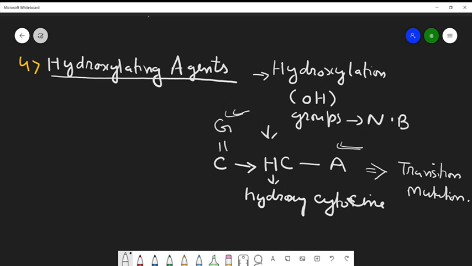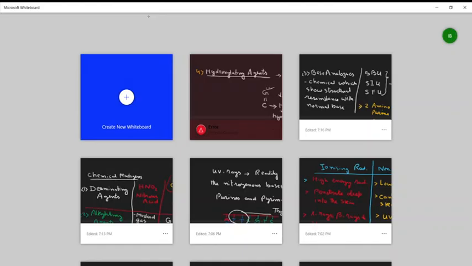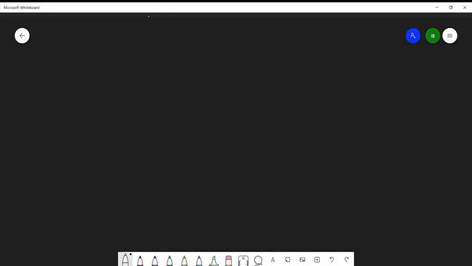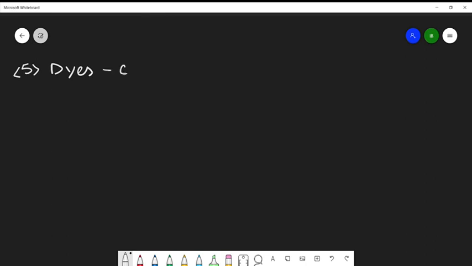And then finally we have the last category of the chemical mutagens, the dyes. This is the fifth one. Now, dyes are the organic compounds having cyclic structures.